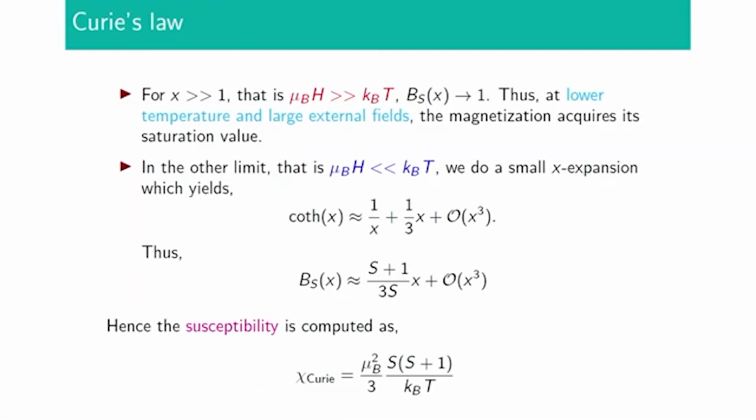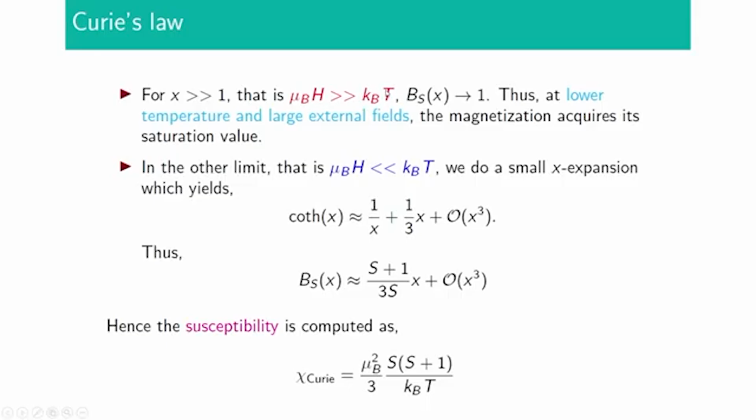So, let us look at various limits of the behavior of either the magnetization or susceptibility. Let us first talk about x much greater than 1, which means that mu_B H is much greater than kT. This means that the magnetic energy is much larger than the thermal energy, which means the temperature is small.